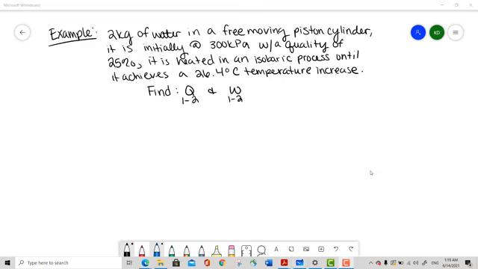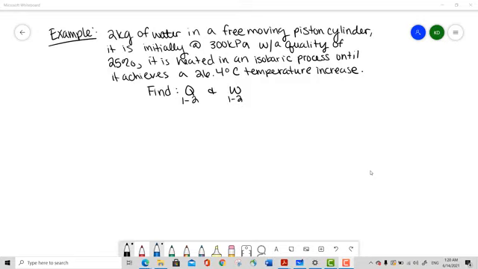Okay, so now we have another question that we're going to use the first law in. So all of the examples prior to this, if you're following along, wondering kind of where we're at in the lecture, when we got to the point in the lecture where we said now we're going to move into the first law formula, and we use the differential, that's kind of where we are now.